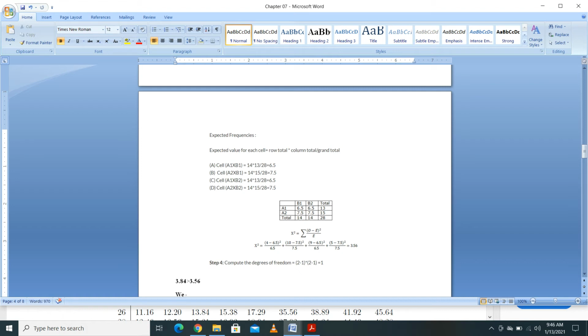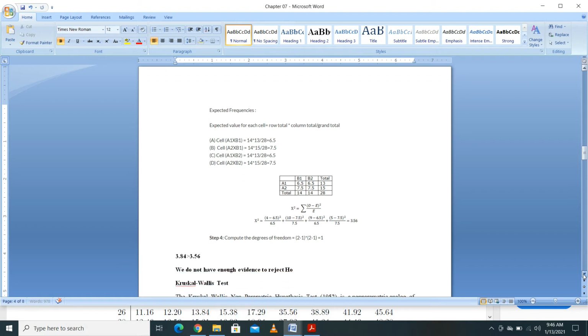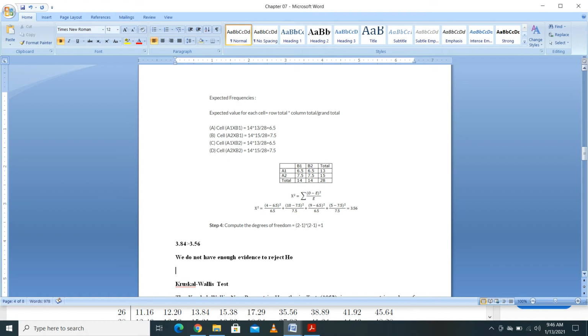So here we do not have enough evidence to reject H0. We can conclude that the median yield of the two methods is equal. That's how we perform Mood's median test.